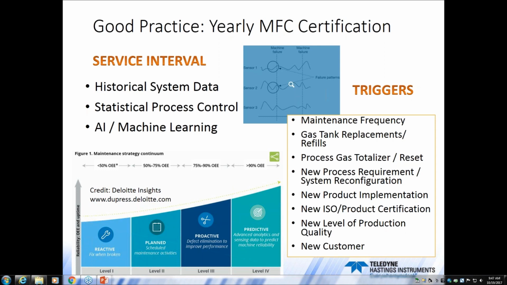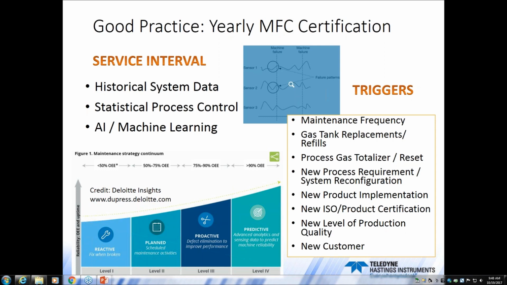The normal triggers that you would use in order to decide on your service interval are your maintenance frequency and the number of refills and replacements of the gas tanks. We consider every single gas tank replacement or refill to be a generator of particles and contaminants.